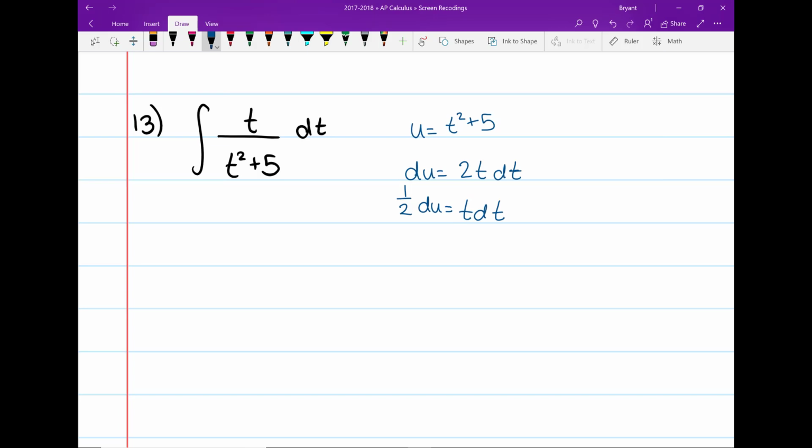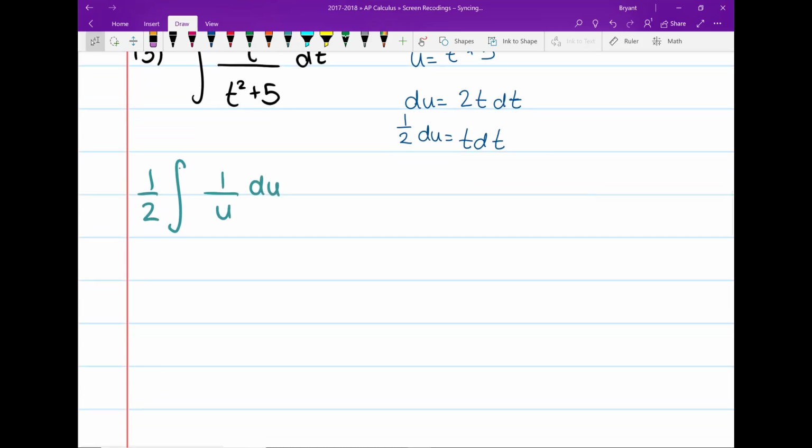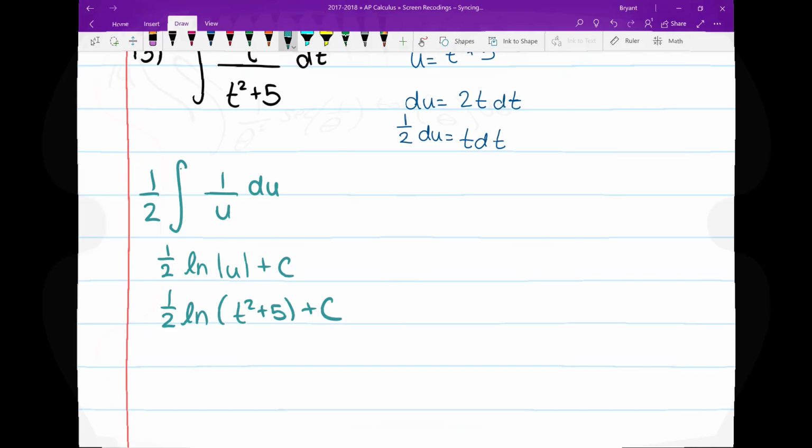Now I'm just going to use my u sub and rewrite this as 1/2 times the integral of 1 over u du. So this becomes 1/2 ln absolute value of u plus c. And because t squared plus 5 can never be negative, this becomes 1/2 ln of t squared plus 5 plus c, with no absolute value bars.